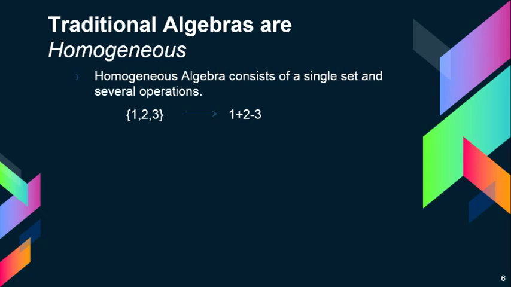Traditionally, algebras are homogeneous, consisting of a single set and several operations, like the integers together with the operations of addition, subtraction, multiplication, and so on. That is called homogeneous algebra.